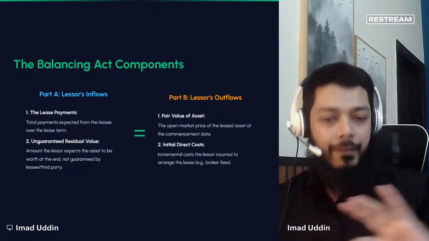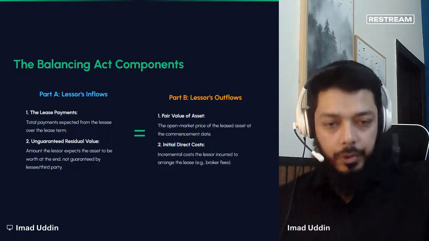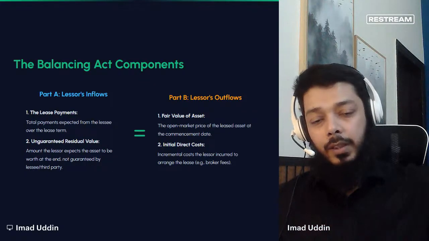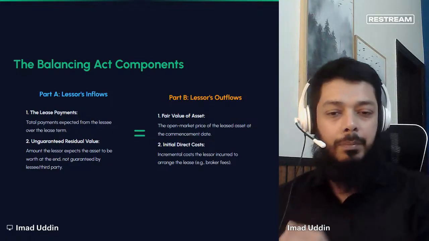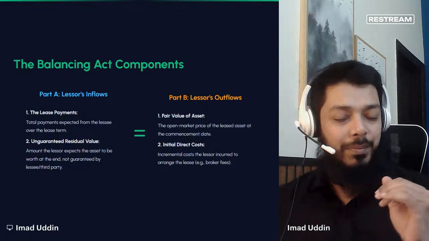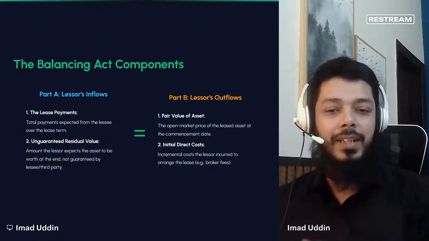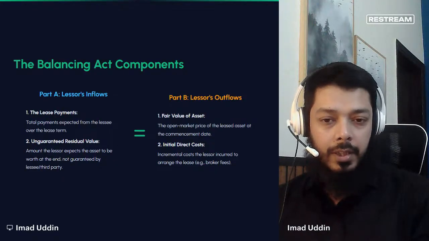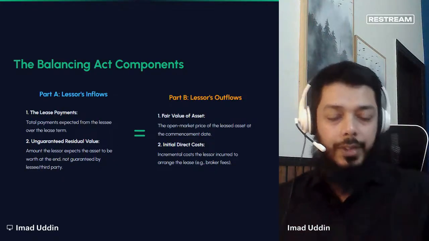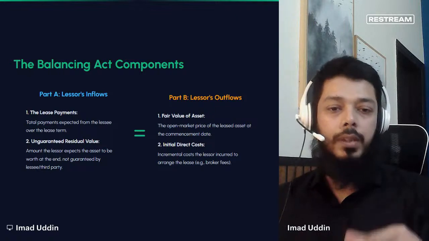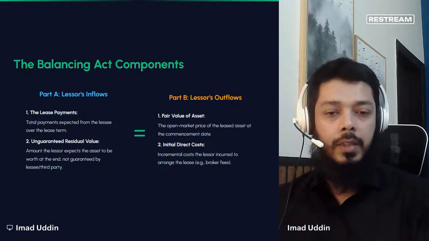So we're talking about everything the lessor receives in the future, and the interest rate implicit in the lease is the rate that makes the discounted value of all of these future things equal to what the lessor is investing right now.